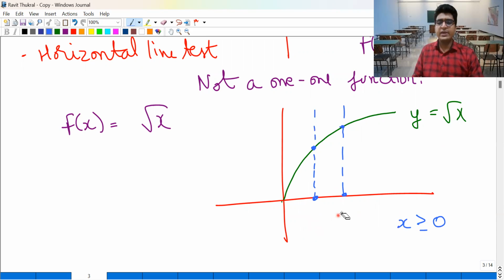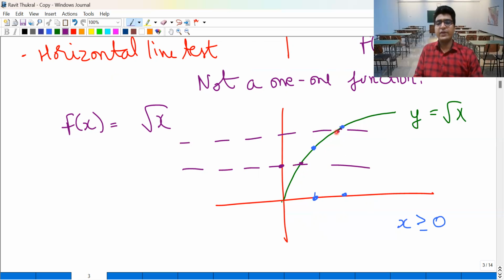Now let's check whether it is a 1-1 function or not. For that, we'll be doing a horizontal line test. For this particular y, if I draw this horizontal line, we can see that there is exactly one association. For this particular y, there is exactly one association. It is part of the definition, so it is satisfied.